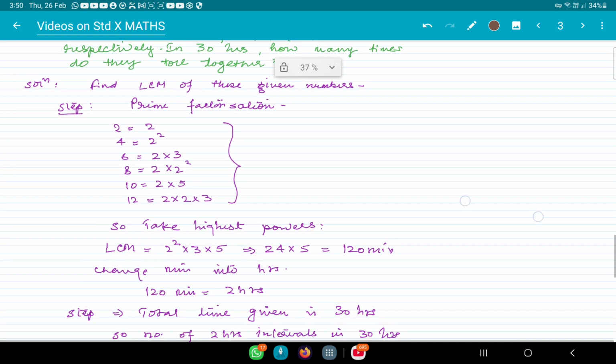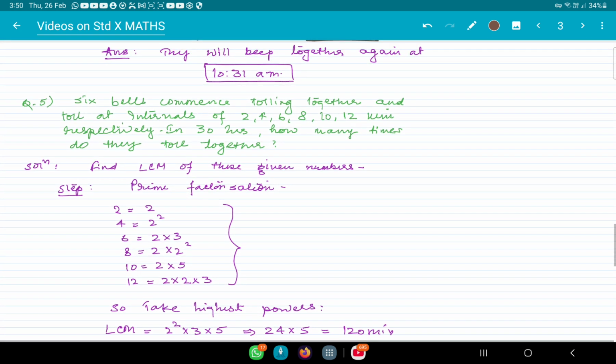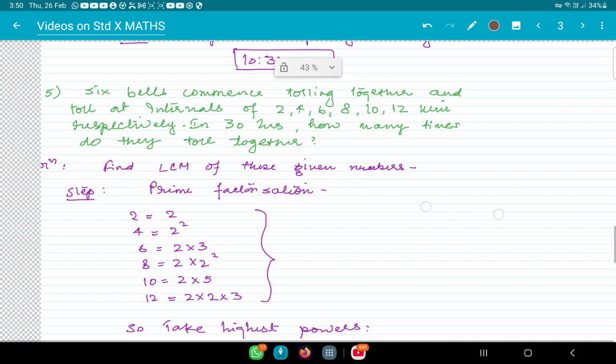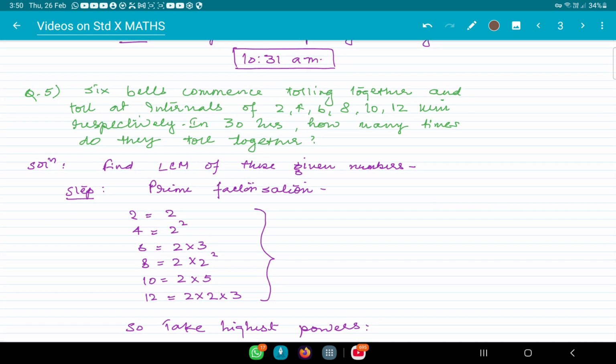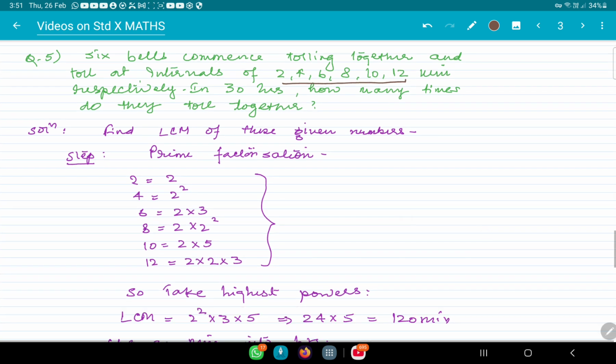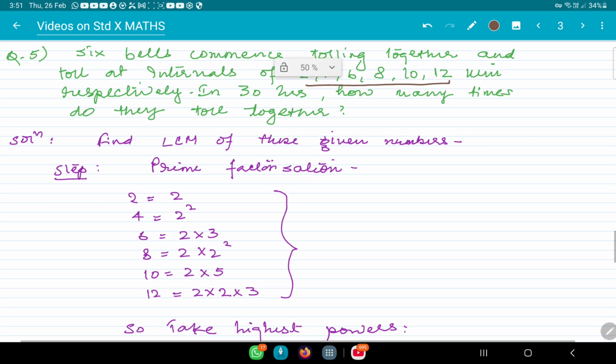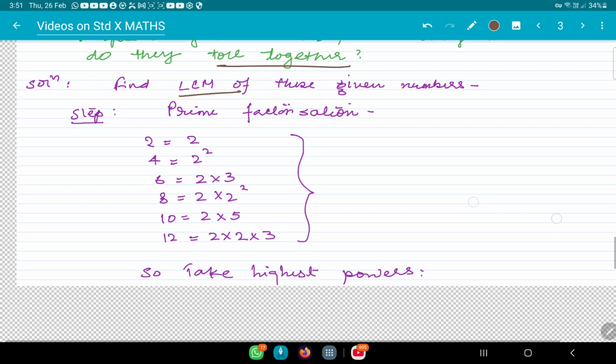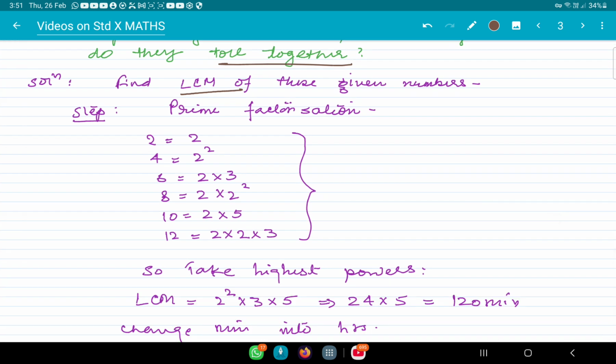Okay. Now the next question is, 6 bells commence tolling together and toll at intervals of 2, 4, 6, 8, 10, 12 minutes respectively. In 30 hours, how many times do they toll together? The same type of question as we did. So in the solution, find LCM of these given numbers with the help of prime factorization.